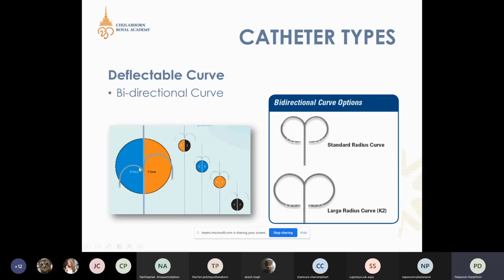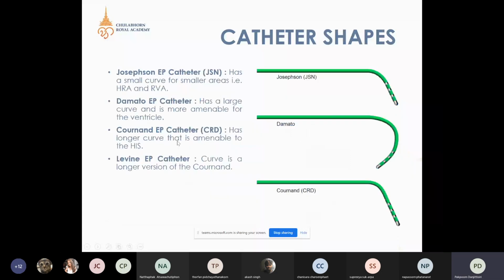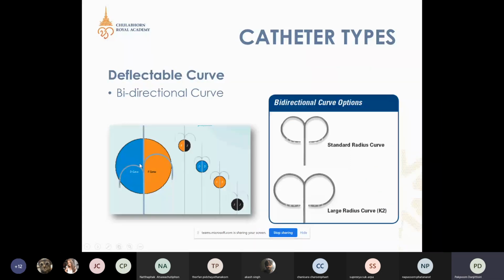The DF curve is an asymmetric curve that the doctor can utilize from both D or F, because the doctor can use the D curve to approach the anatomical landmark.